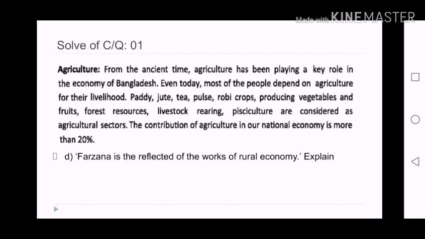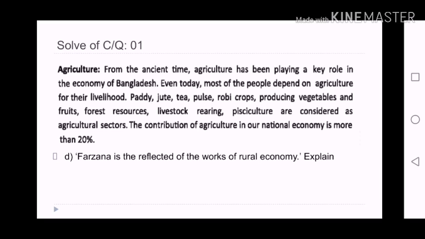Producing vegetables and fruits, forest resources, livestock rearing, pisciculture are considered as the agriculture sector. Pisciculture is about fishing. That means business of fish or rearing fish. The contribution of agriculture in our national economy is more than 20%.